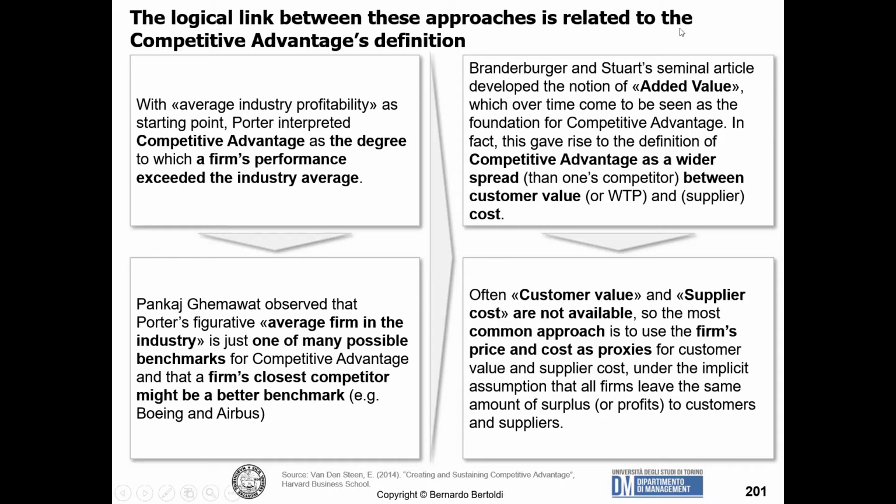Brandenburger and Stewart basically say that the unit of analysis was the added value. So how much value a single company or a single product is adding to the final customer.